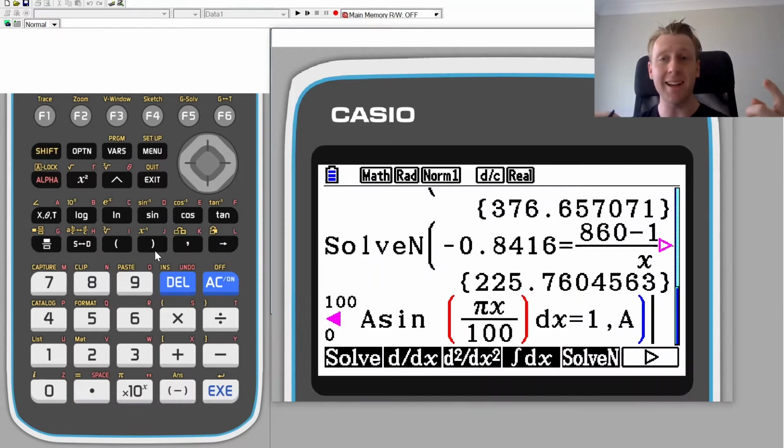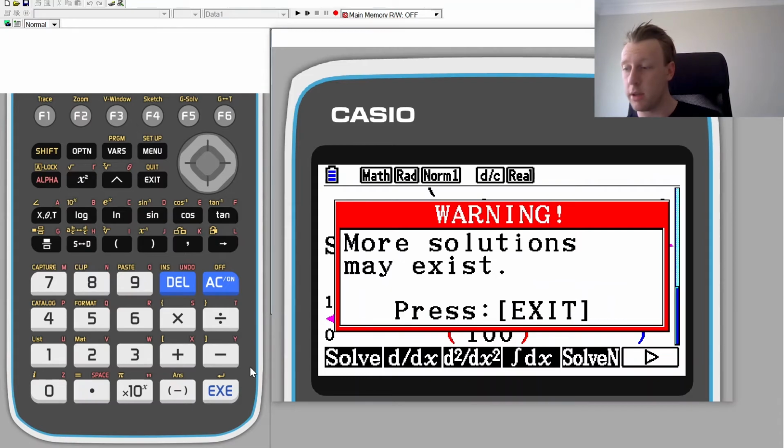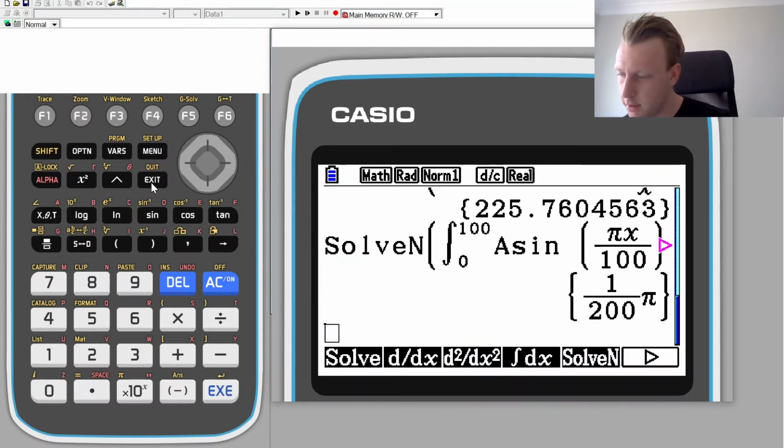If you put in x, it's not going to do it properly, because it's going to interpret it as a function, like x as an input to the function rather than x as a scalar. So we solve in this, and this will take a little while, or not for me. Pi on 200.